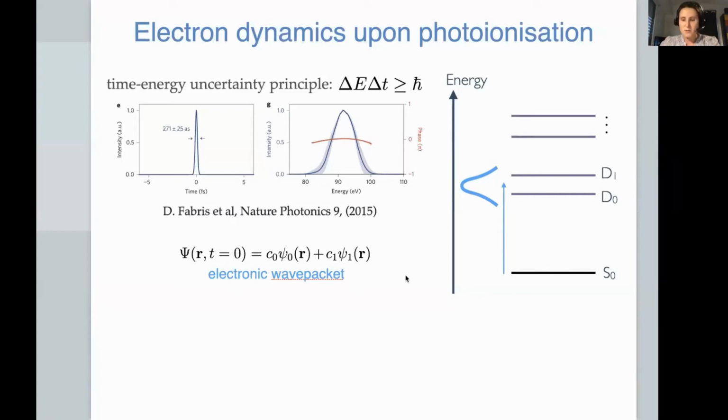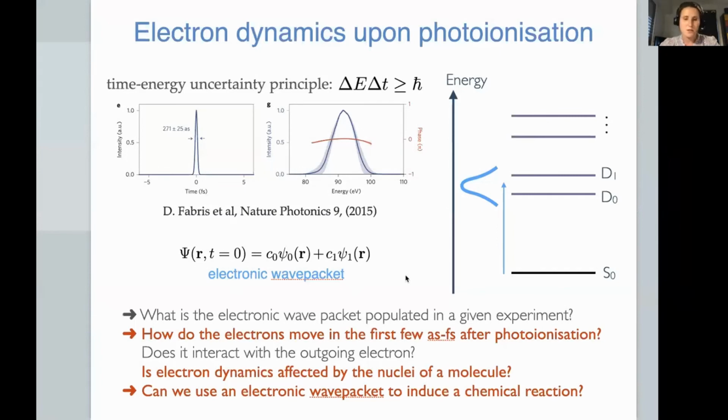So in experiments, we are able to generate and populate simple or more complex electronic wave packets. This raises a number of questions. For example, in a given experimental setup with a given attosecond pulse, what is exactly the electronic wave packet that gets generated? Then we know that this electronic wave packet is non-stationary, so it evolves with time.